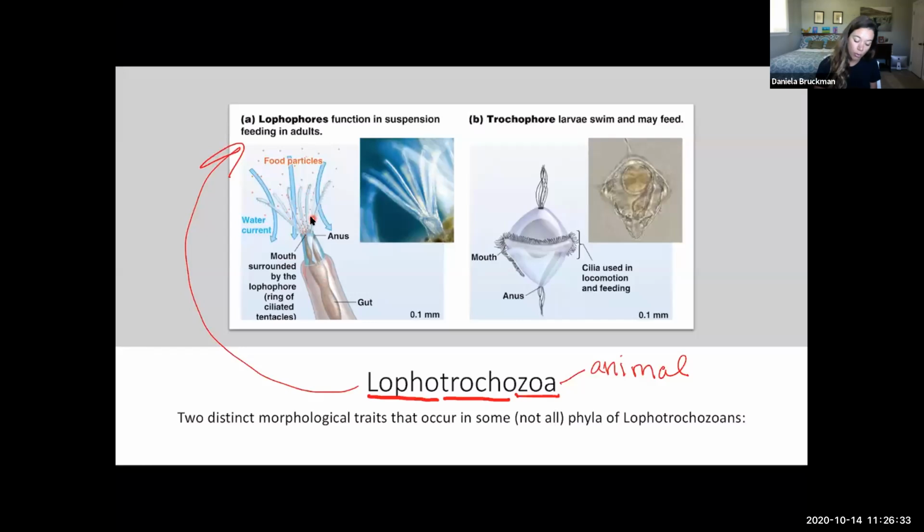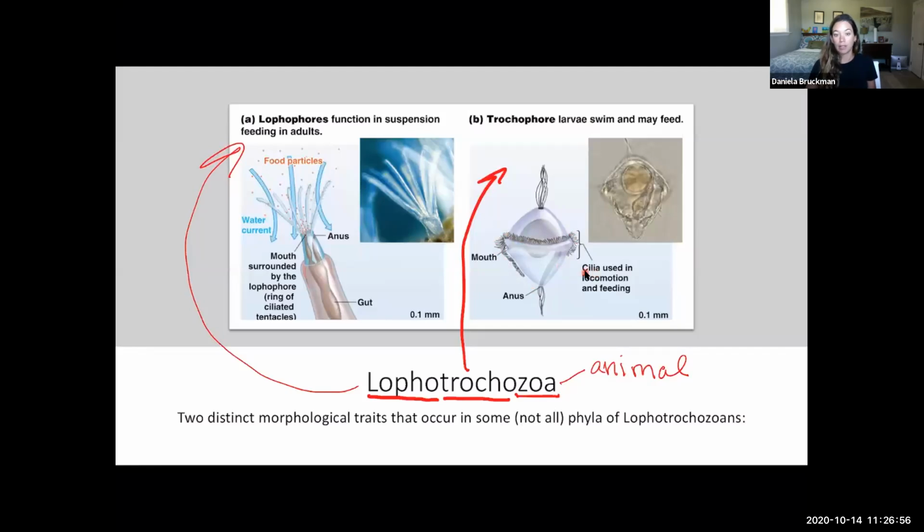And then the trocho part has to do with this right here. This is called a trochophore. A trochophore is a type of larva that is seen in some Lophotrochozoans. This larva is particularly unique because it has a little ring of cilia around the circumference of its body.